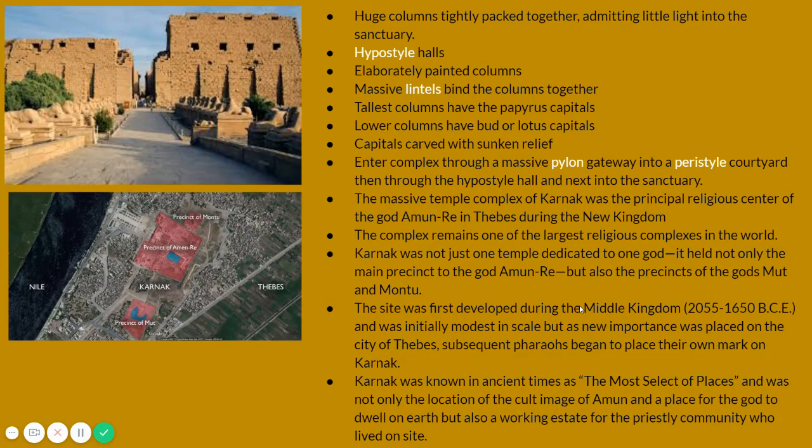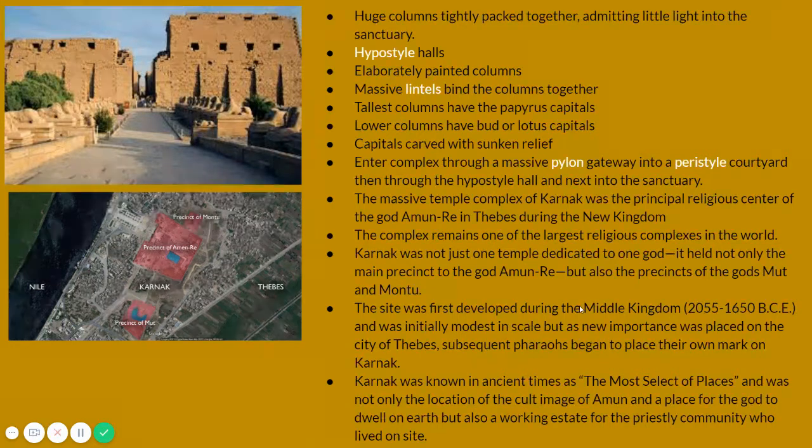We have columns that were elaborately painted with massive lintels. We have capitals on these columns that are highly carved, that represent both lotus flowers and the papyrus plant, which are two symbols extremely important to Egyptian culture.